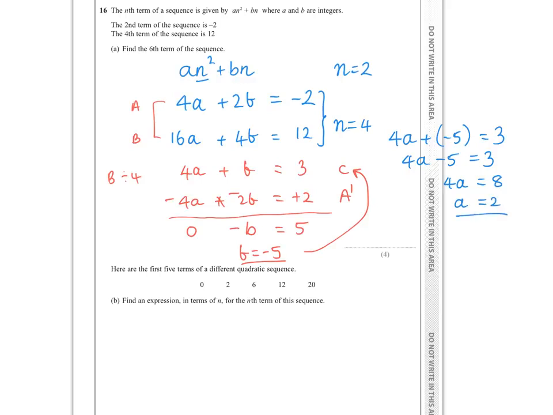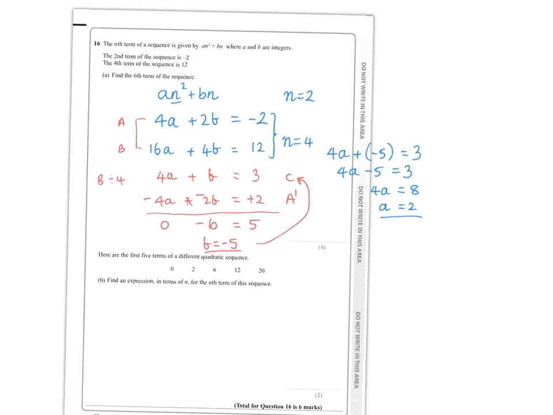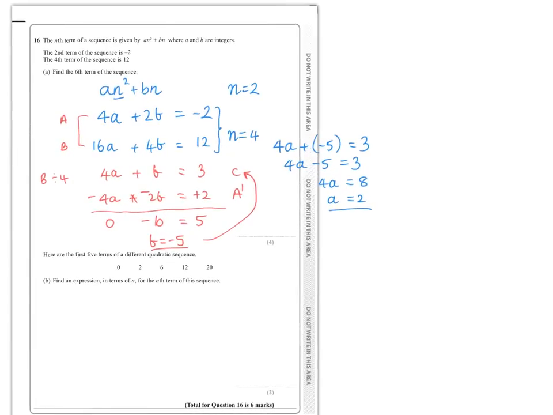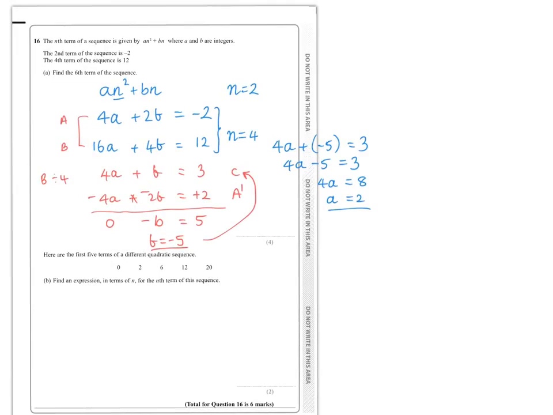So a is 2 and b is -5. So what does that mean for our an squared plus bn term? What's that going to be? Well, it's not going to be in terms of a and b now, because we have a and b as 2 and -5, which are integers, so we need to check that.